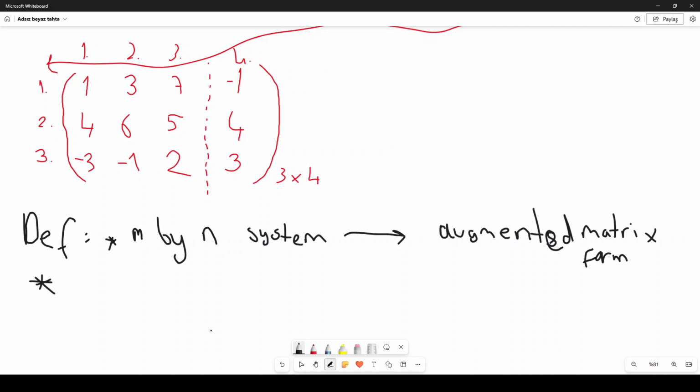We start at the last row, find the unknown variable, move one row above and find the other unknown, and in this manner we find all the unknown variables. This is the main reason why we tried to convert our system into the upper triangular, the row echelon form.